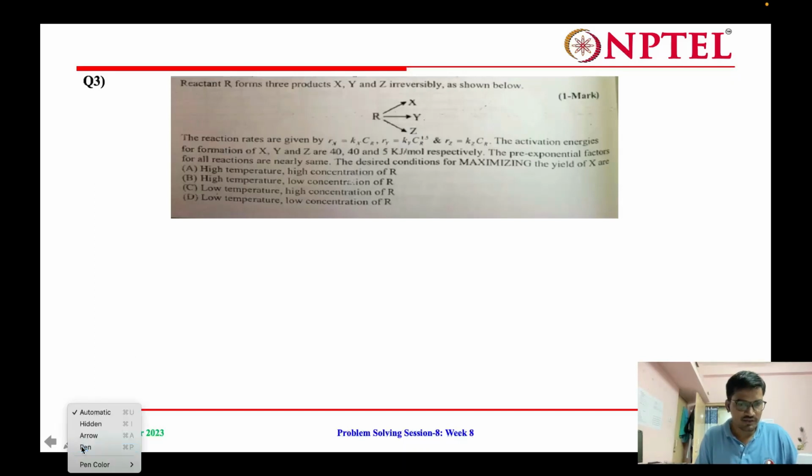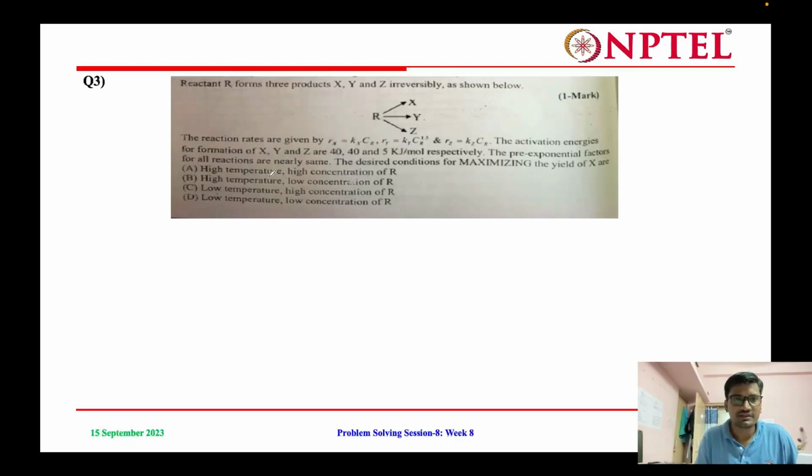I move to question number 3. The reactant R forms three products X, Y, Z irreversibly as shown below. R gives X, Y, and Z. The reaction rates are given by Rx equal to Kx Cr, Ry equal to Ky Cr raised to the power 1.5, and Rz equal to Kz Cr.